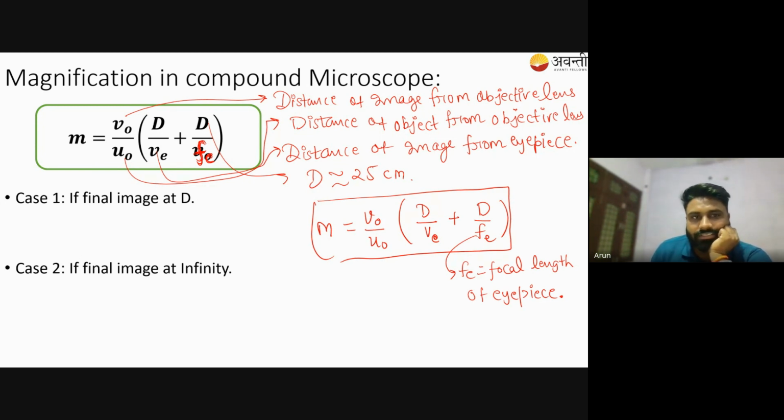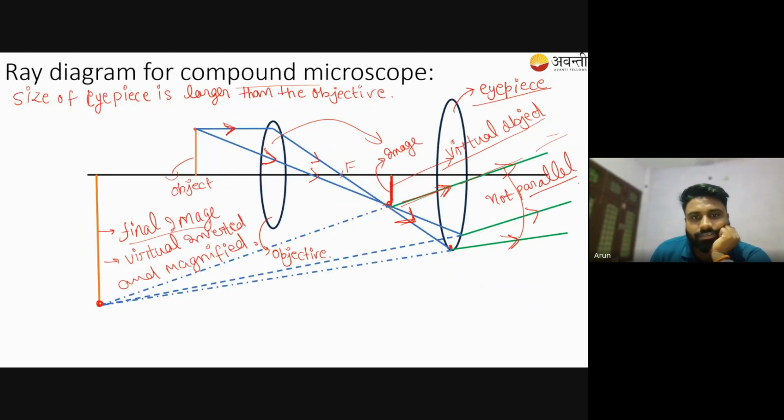Then we are going to discuss case number 1. If the final image is at D. Where was the final image forming? This point. Got it? Now, this is VO. You will see, this is the image.